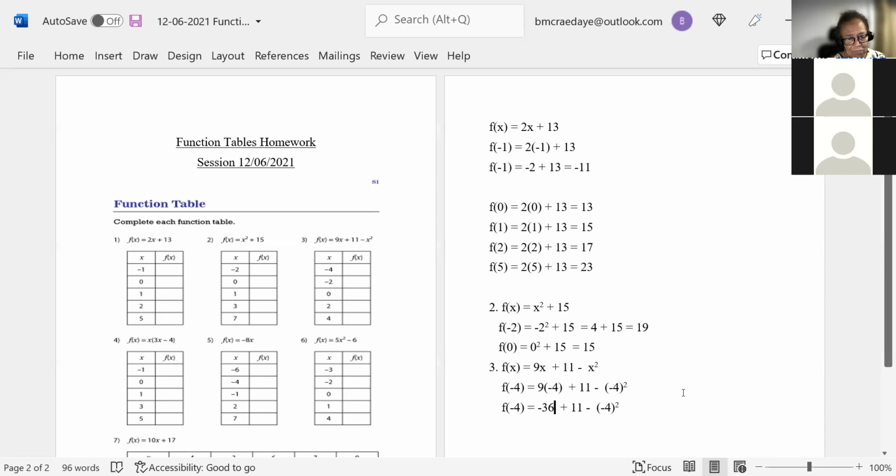And what's 8 plus 4? 12. And what's 12 plus 4? 16. That's right. So a minus 4 times a minus 4 is a plus 16.